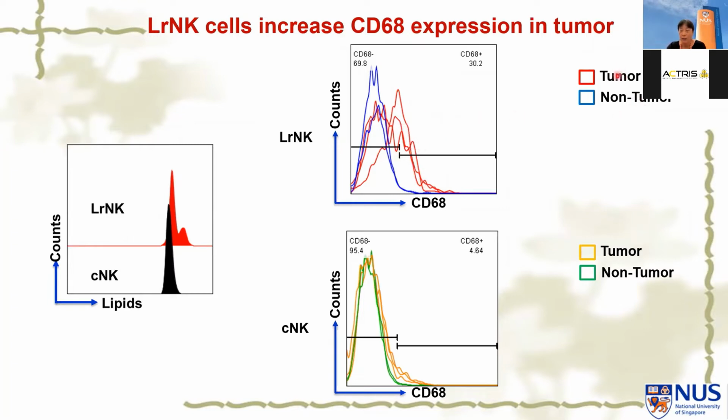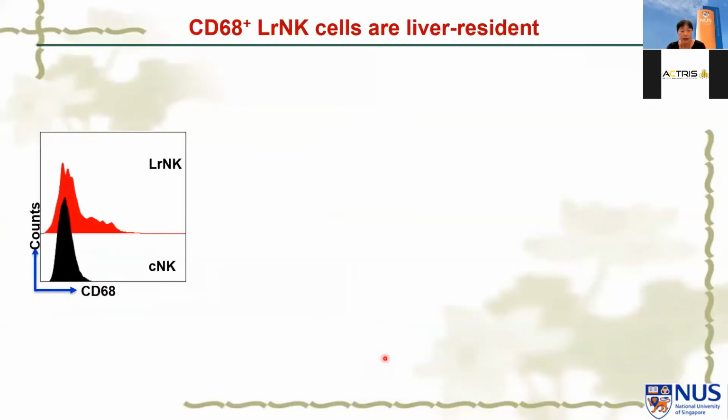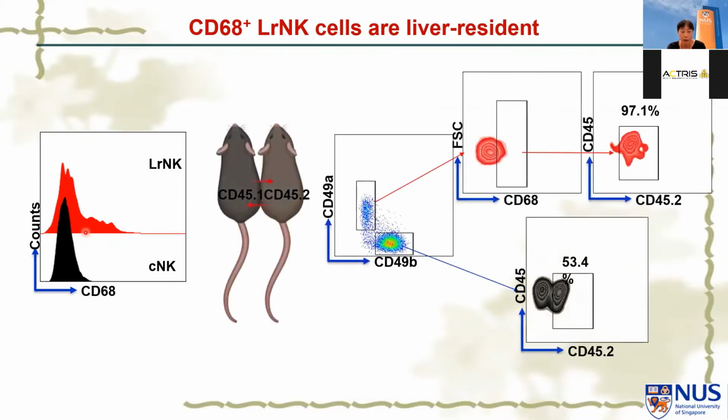And also, if you compare tumor and non-tumor, where each line represents one mouse, they do have higher expression in the tumor compared to the non-tumor liver, whereas for the conventional NK, there's no difference here. So then we got interested to look at whether those liver resident NK cells, which are high in scavenger receptors, are really liver resident cells, or whether they are derived from other conventional NK cells.